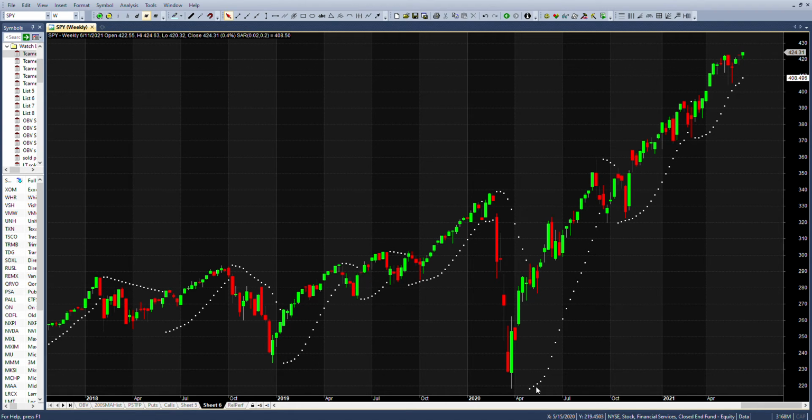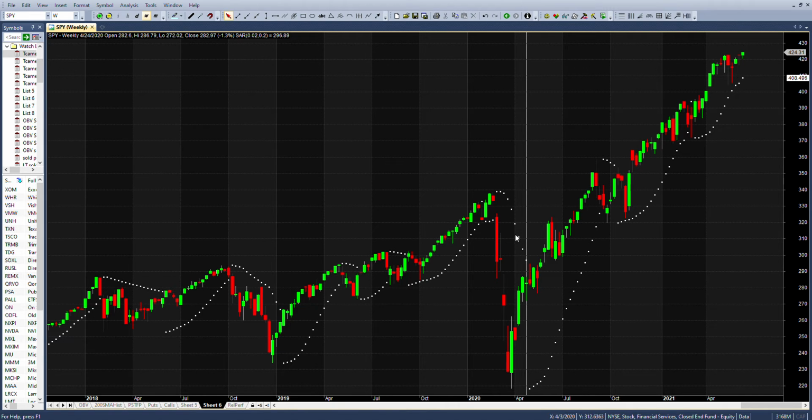Basically, all these dots are the stop and reverse signal. I stay in the market until the price closes below that dot. So you can tell here we had the pandemic bounce, a bounce off the lows in March. I would have been in.